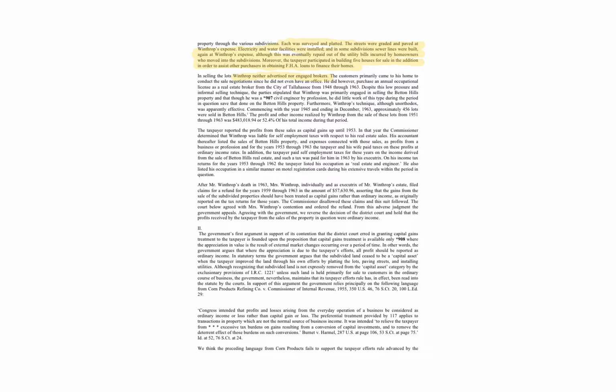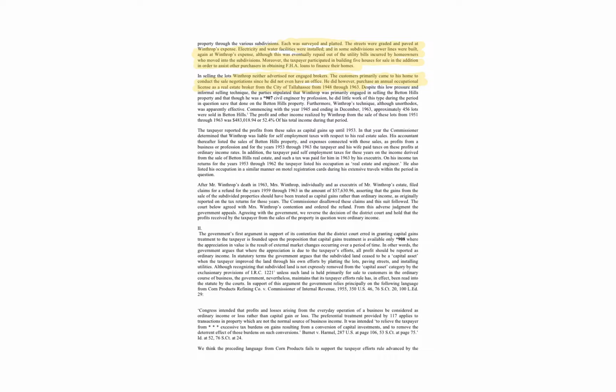The customers primarily came to his home to conduct the sale negotiations since he did not have an office. He did, however, purchase an annual occupational license as a real estate broker from the city of Tallahassee from 1948 to 1963. So that's important because when you're looking at whether someone is a real estate developer or broker, well, he is a real estate broker. He has that license.